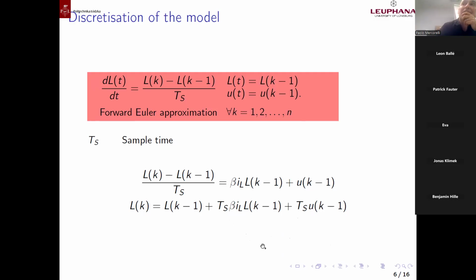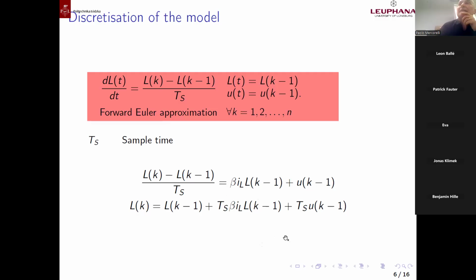Let me see if I forgot something. Yeah, we can see very well that this element here should be larger than 0, no? Otherwise, I will not increase. Okay, we will come back to this.